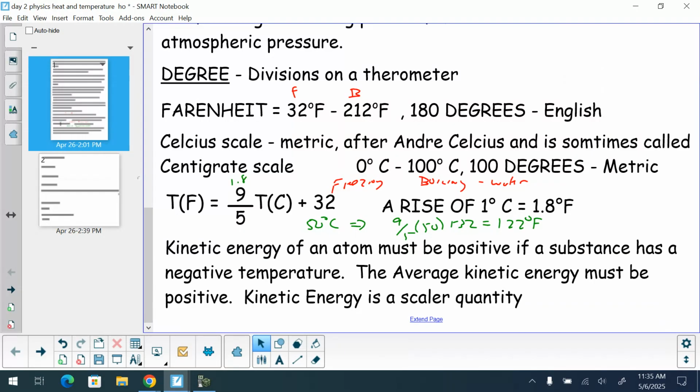How do I get a negative temperature? How do I get negative 5 degrees Celsius or negative 10? We'll talk about that tomorrow. How do we deal with negative temperatures if all your kinetic energy is going to be positive?